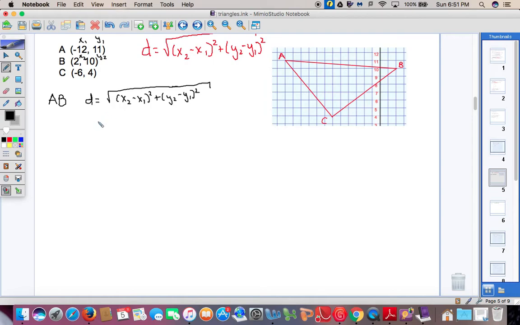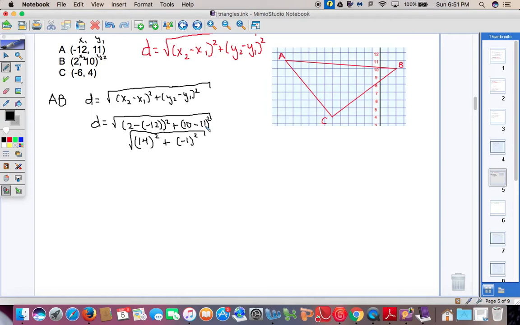Substituting, the distance is equal to 2 minus -12, which is 14, squared, plus 10 minus 11, which is -1, squared.